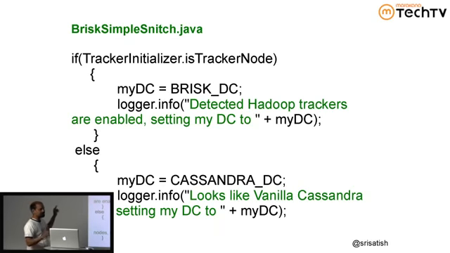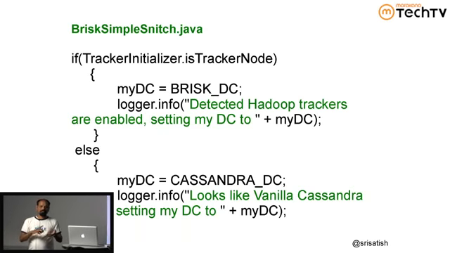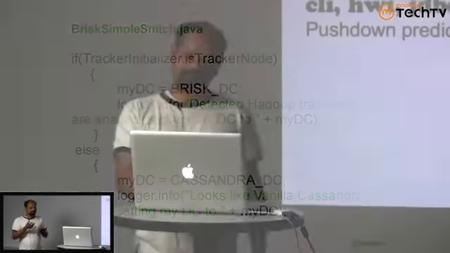Yes, I'm a tracker node. If it's a tracker node, we know it is a Hadoop node, essentially. So the same Cassandra nodes, whoever is a tracker, whether it's a job or task tracker, right? So he belongs to that DC. If he does not have a tracker, then he must be a regular Cassandra node. So we just use the same mechanism. Everything is using the notion of, are you a tracker or not?